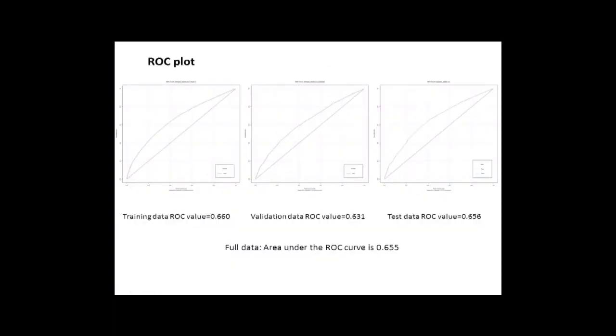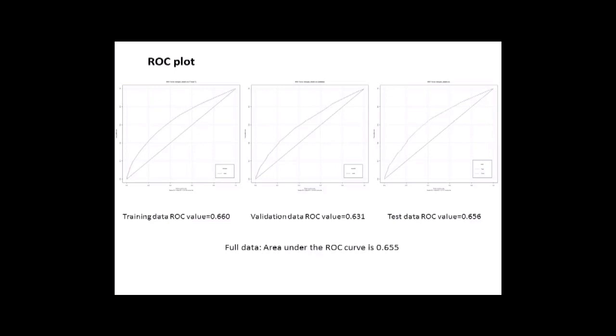This displays a decision tree. The area under the ROC curve is 0.66 for the training data, which indicates that building a decision tree model and evaluating it on the training dataset gives a good result. Applying the model to a test dataset and validation dataset indicates that the area under the ROC curve is very close to the training dataset.